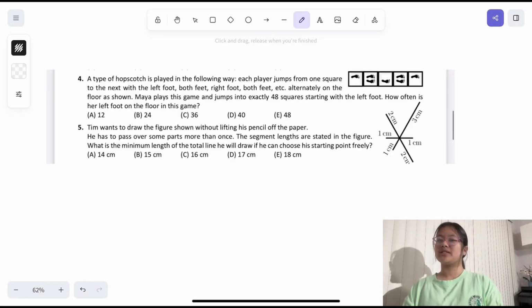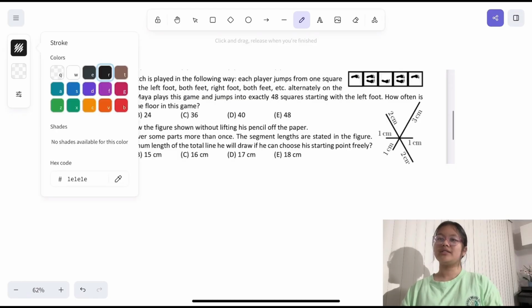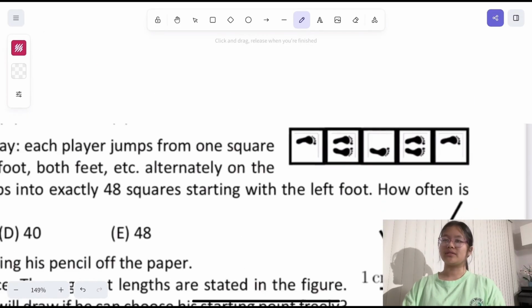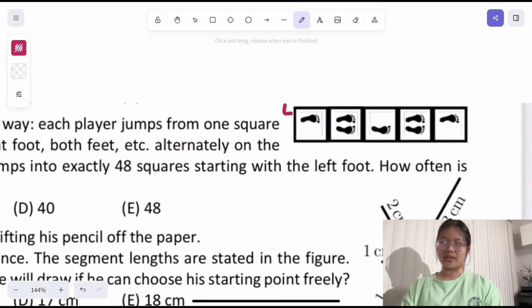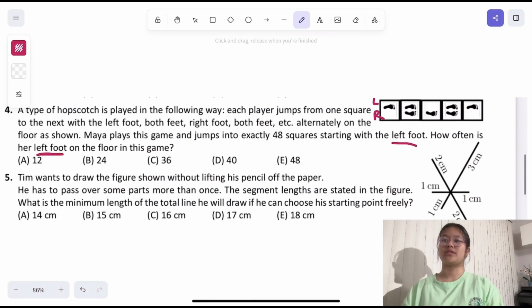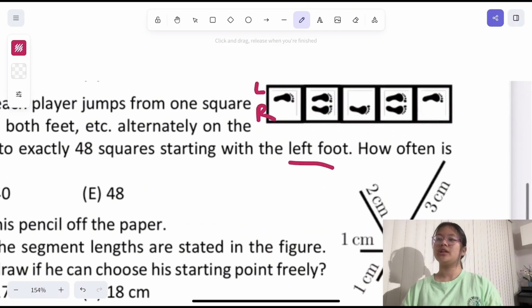Let me change the color so you can label left and right. Here, the top is left, the bottom is right for us. We're trying to find how often her left foot is on the floor.